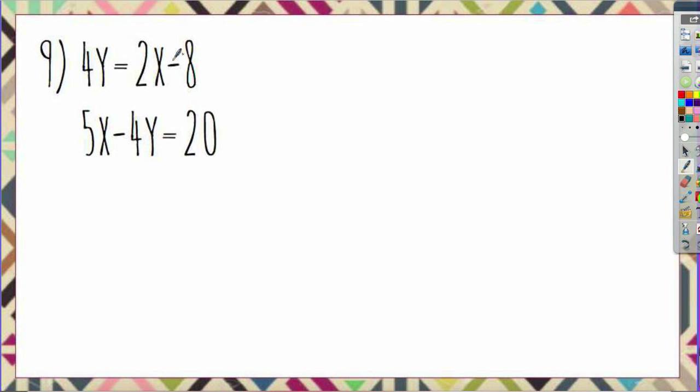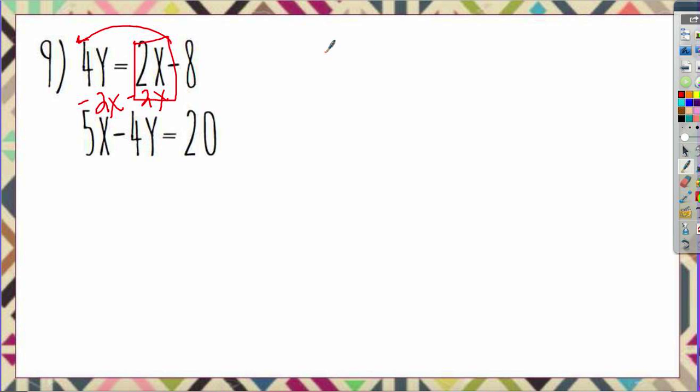Number 9 is another one where it is not lined up. The equal sign on this one's way over here, the second equation's way over here. We've got to move some things around. All we really need to adjust is that this x needs to be on the other side. The x needs to be over the x, the y needs to be over the y though. So in order to move the x to the other side, I would have to minus it from both sides.